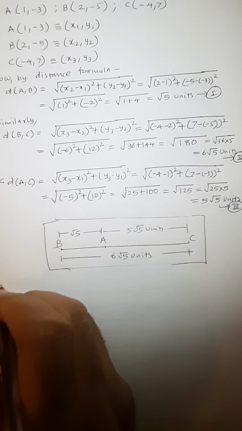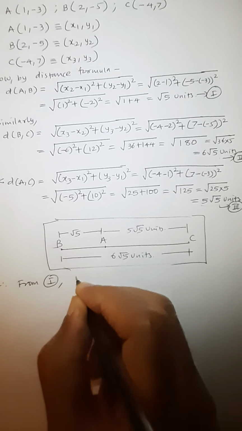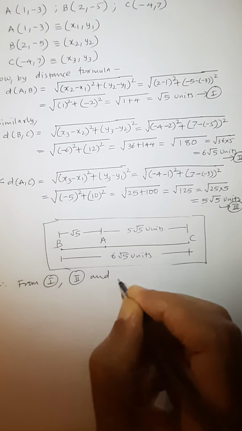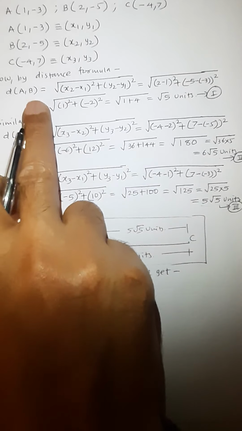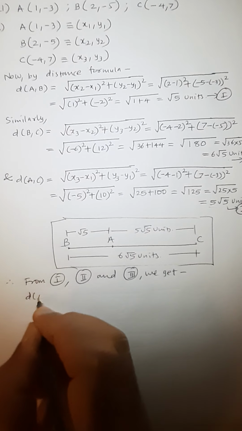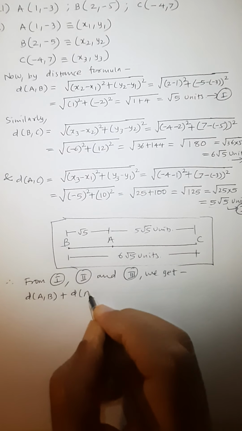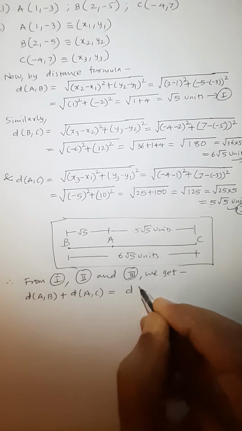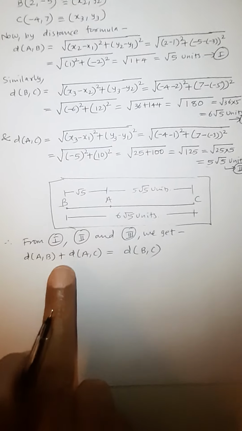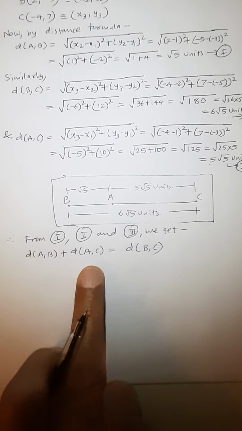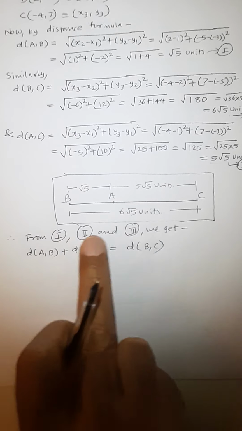So what we have to write is: therefore, from results 1, 2 and 3 we get that the sum of distance AB plus distance AC is equal to the third distance, the biggest distance BC, which is 6 root 5 units. So the sum of these two distances AB and AC is the biggest distance BC. This we get from 1, 2 and 3.